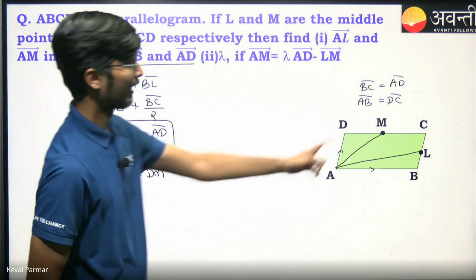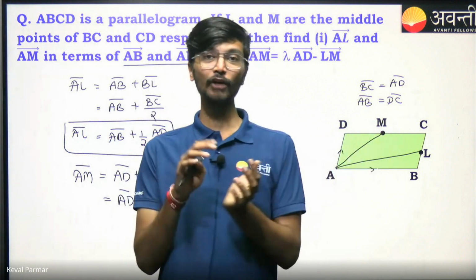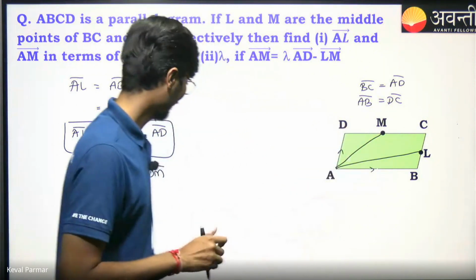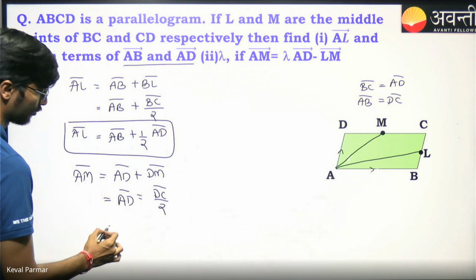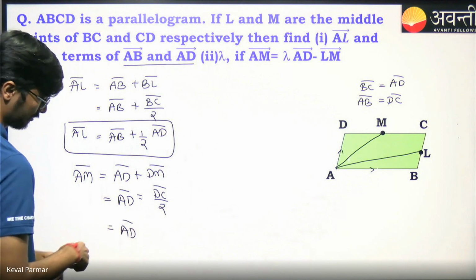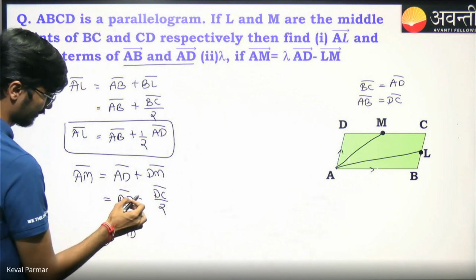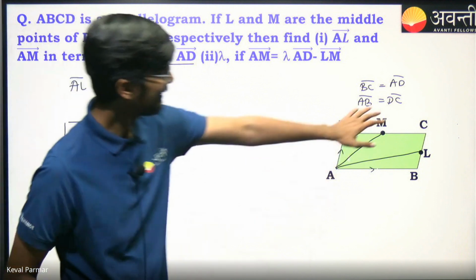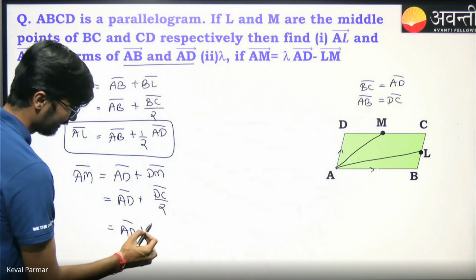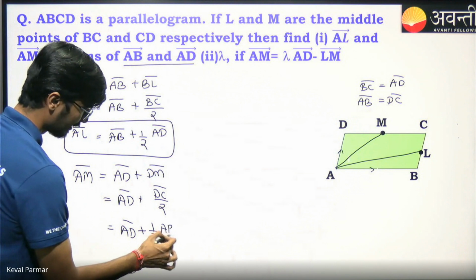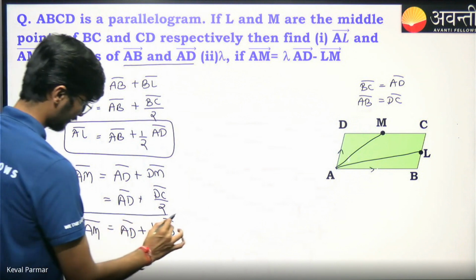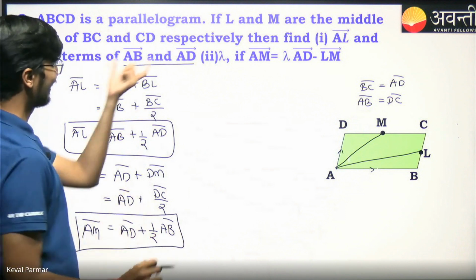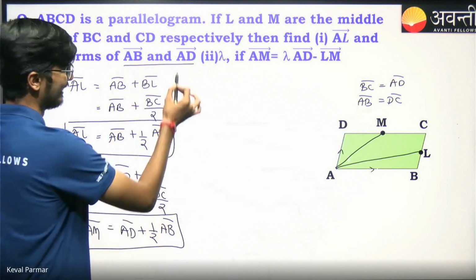Now DM bar. M is a midpoint of DC, so that means I can write DM bar as DC bar upon 2. Same, I can write DC bar as AB bar. So AD bar plus half AB bar is equal to AM bar. This is my answer. See, I got it in terms of AB bar and AD bar.